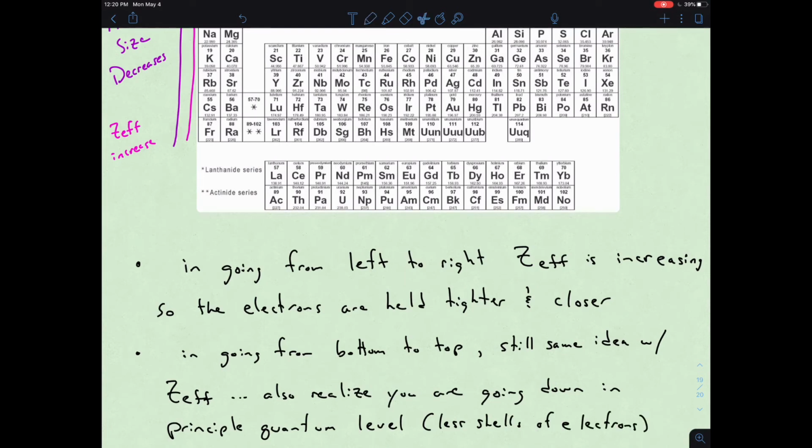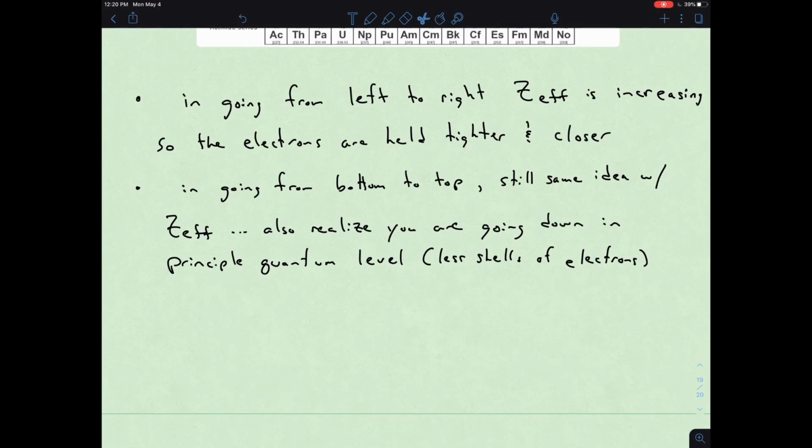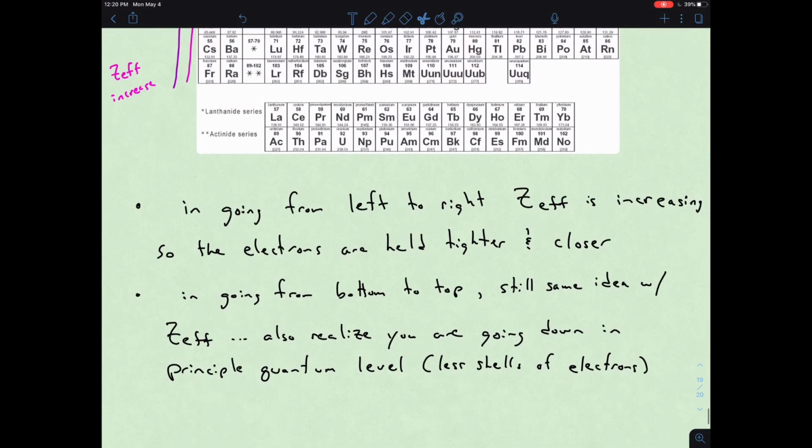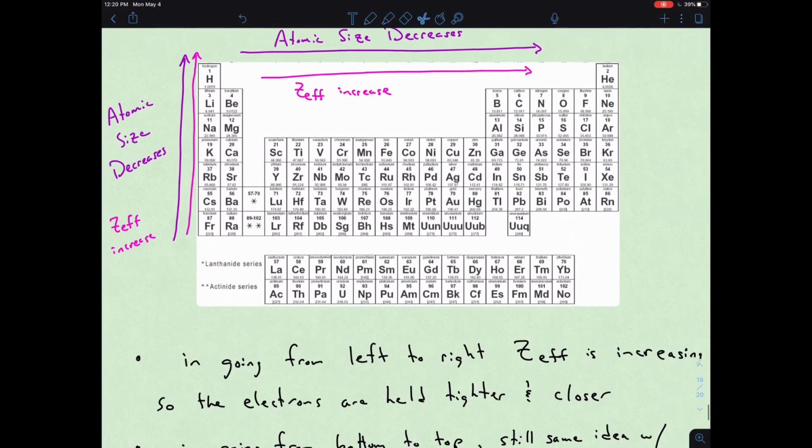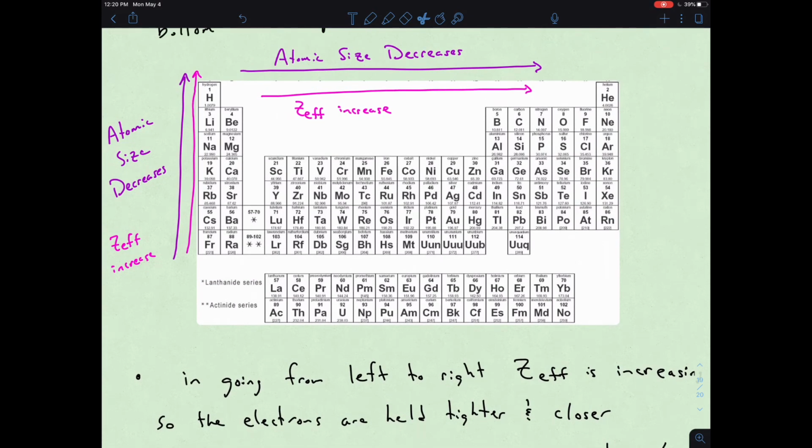So that's another way to view it in going from the bottom to the top, but not so much with left to right. So Z effective is a good way to describe the trend that we see. And just to scroll back up again, we see atomic size decreasing going from bottom to top and from left to right.